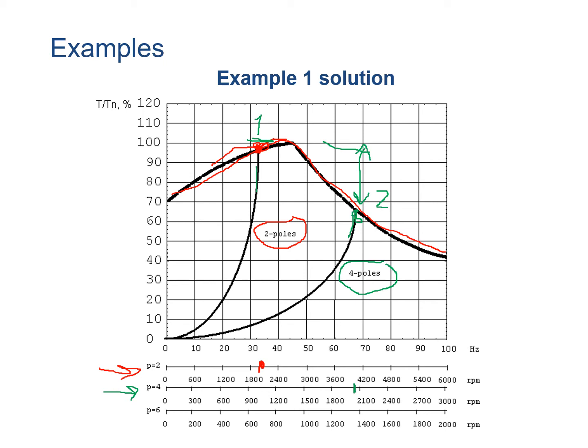So it looks like case number 1 with the 2-pole motor looks a little bit more advantageous, but this is really something that you need to calculate. I'm not sure that you will be trying calculating it now, but you can do this exercise.